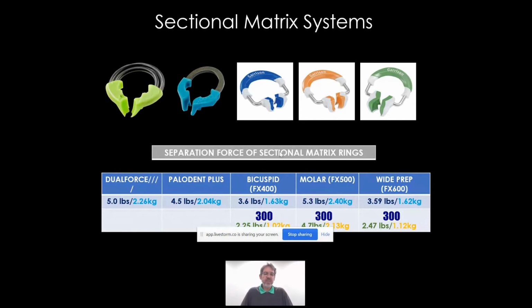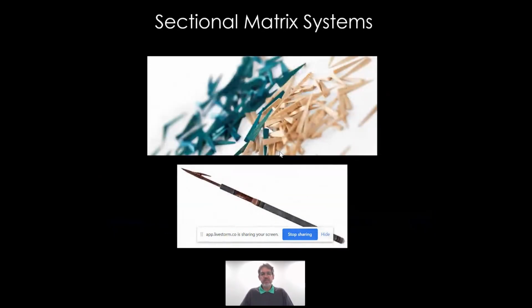The difference with the dual force system is we get 5 pounds of separation force from our ring, but we get an additional 2 pounds of separation force from our wedge. So collectively, we're getting 7 pounds of separation force. And I'm sure you'll all agree with me, the goal is to create the tight contact. So this is where we feel we have some benefit over these other systems.